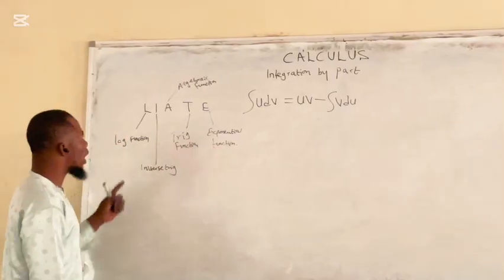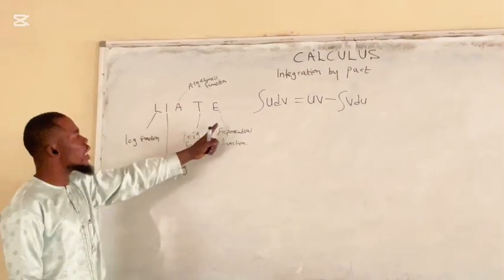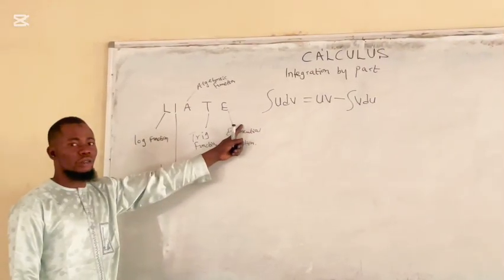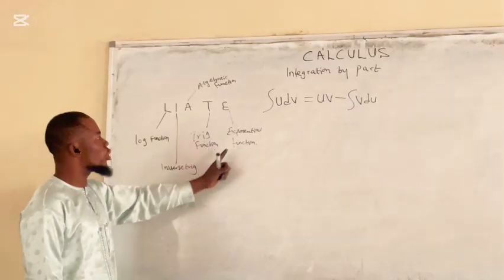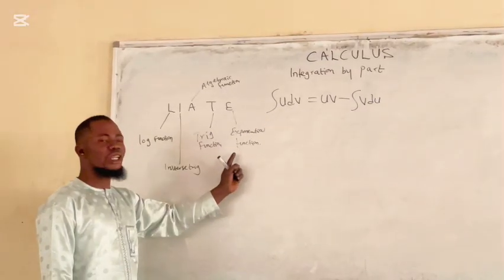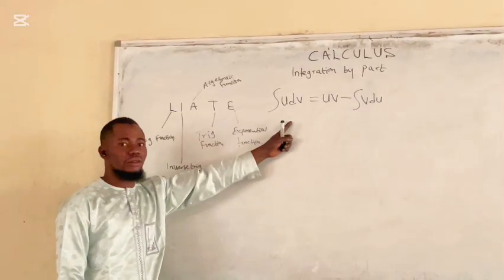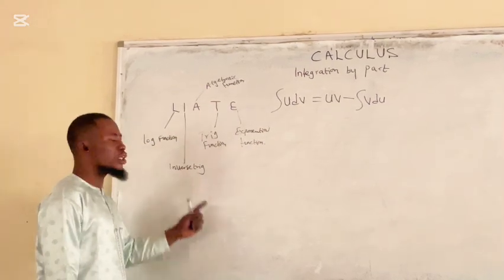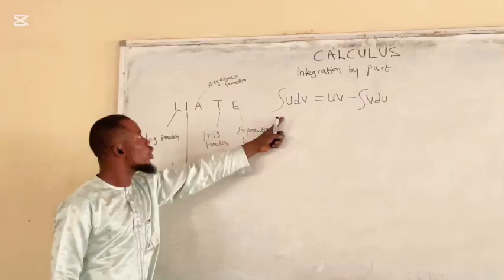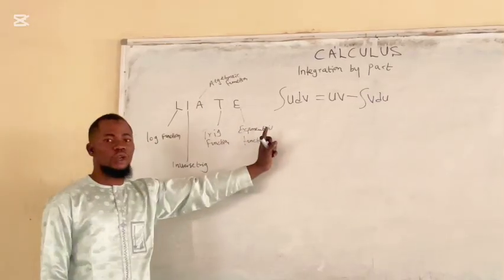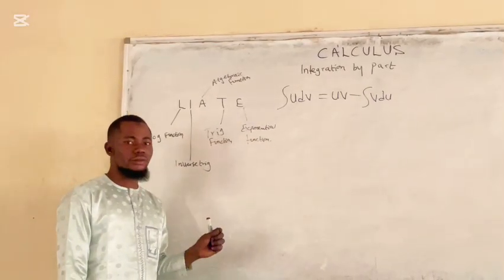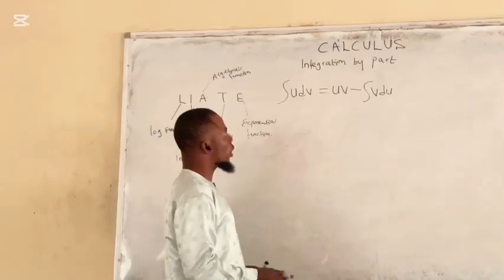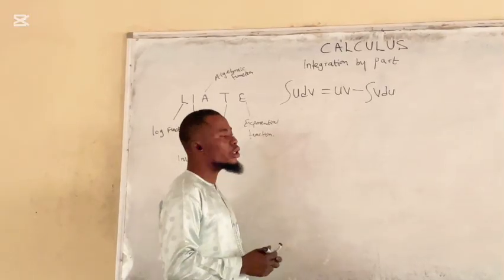For example, if you are having an algebraic function together with an exponential function, the algebraic function will be your u, whereas the exponential function will be the dv. If you are having a log function with an algebraic function, the log function will be u, whereas the algebraic function will be the dv.